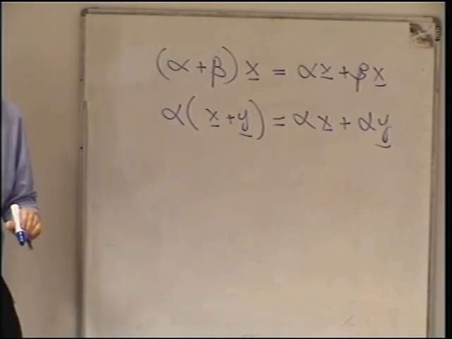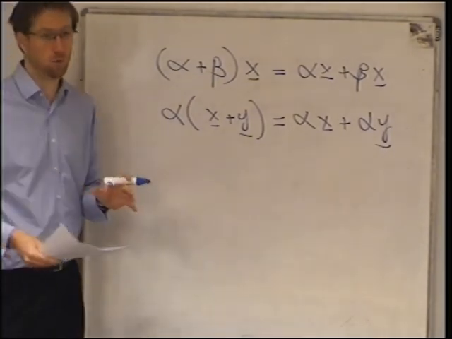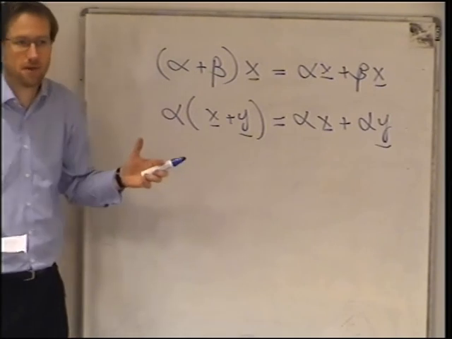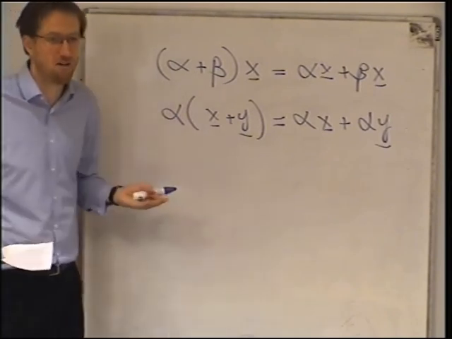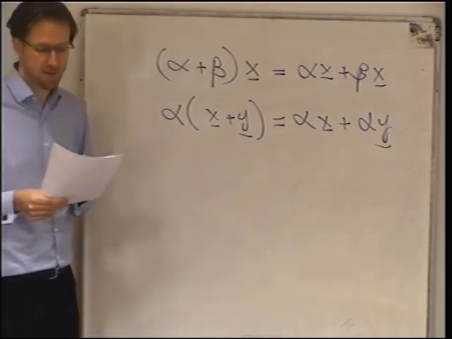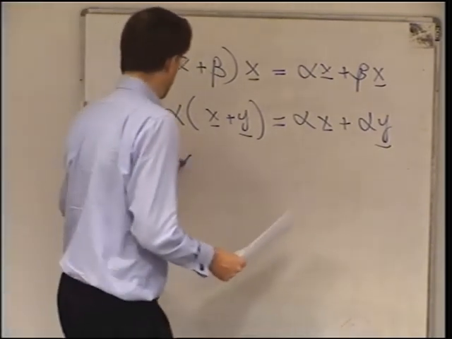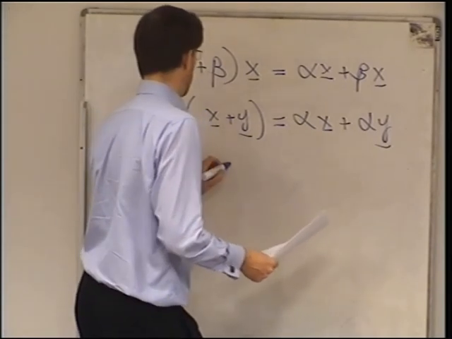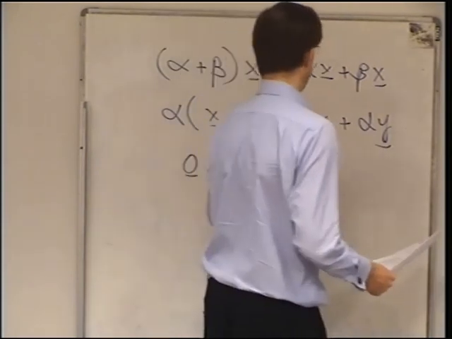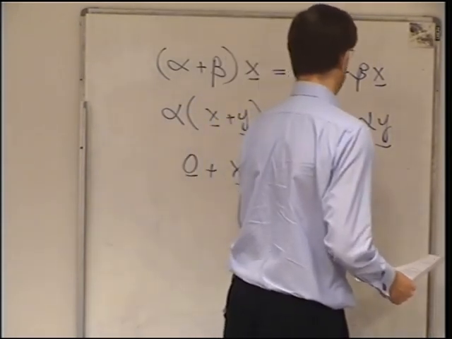So there has to be a vector which we will always label the 0 vector. Now the 0 vector might look like something different, because you don't always have an Rn vector. There has to be a 0 vector. And what it means to be the 0 vector is that 0 plus x equals x for all x in the vector space.